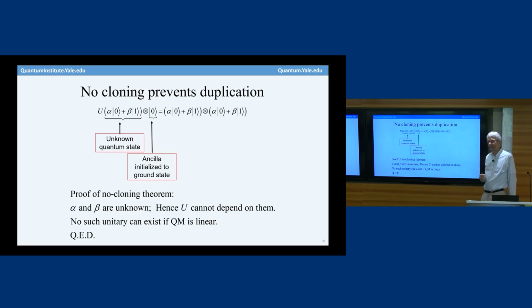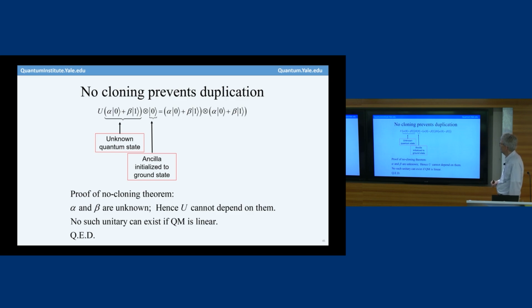And this is the thing that's impossible. Somebody asked about that earlier. If you know what the state is, you can just follow the same recipe that you used to create it to put this in the same state. But if you don't know what those are, it's impossible, and that's the no cloning theorem.